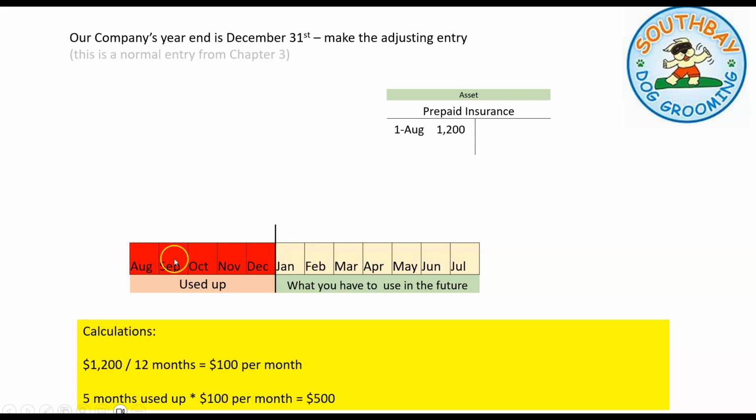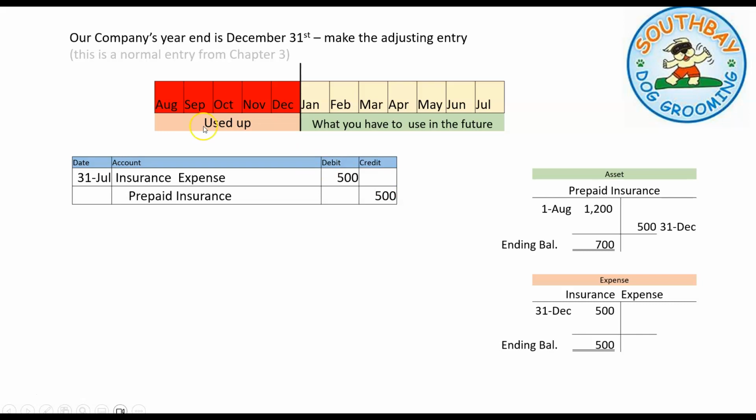We've used up 1, 2, 3, 4, 5 months of insurance. So if it costs us $100 a month for insurance, we've used up 5 months worth of insurance. We need to capture that in an insurance expense account.